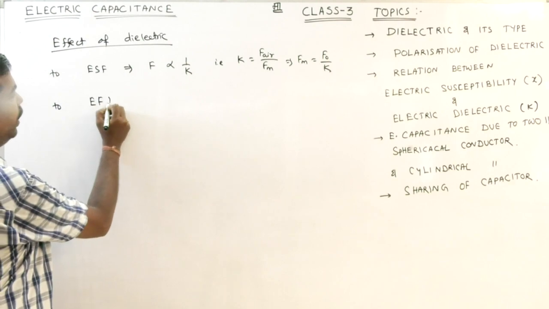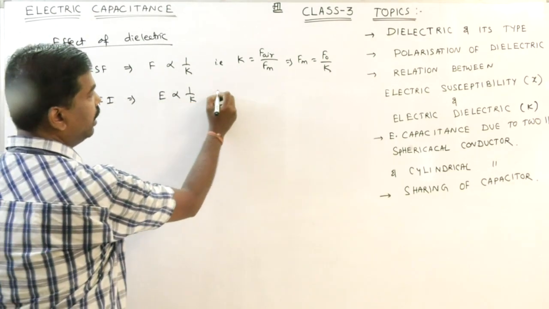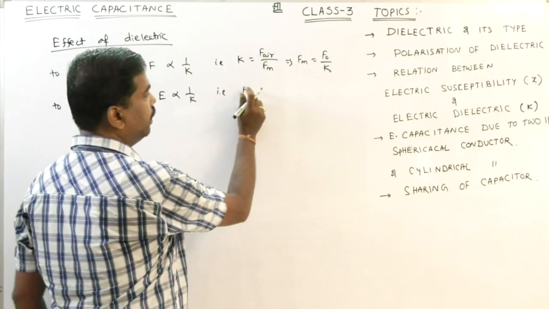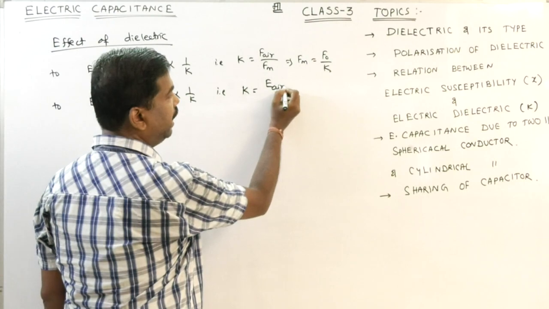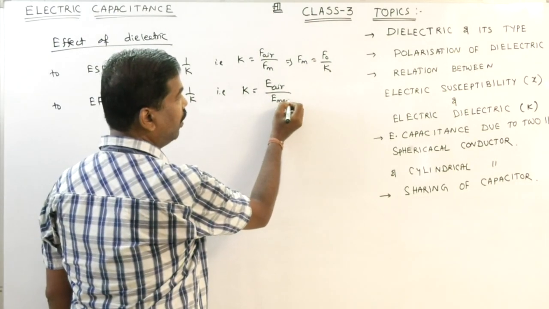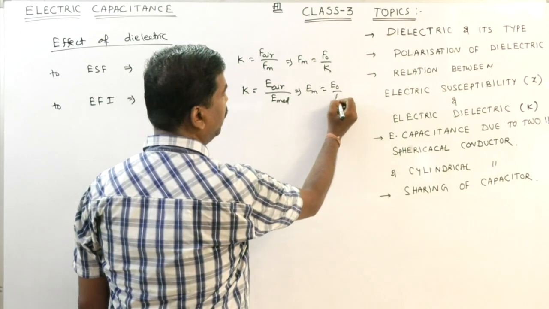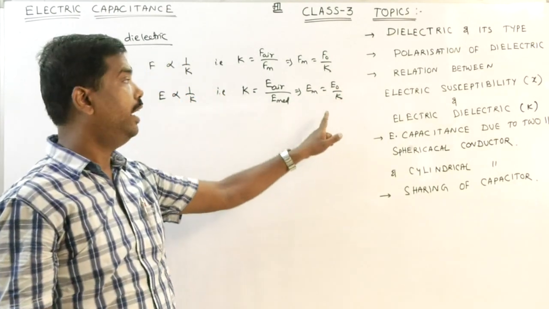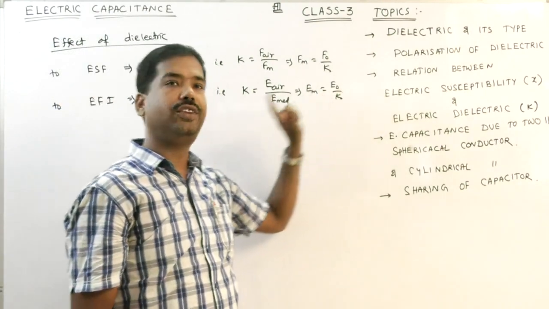On electric field intensity: E is again proportional to 1 by K. That is, K is equal to electric field in air by electric field in medium. Hence, E medium is equal to E0 by K. Again, with the increase in dielectric constant, electric field also decreases.